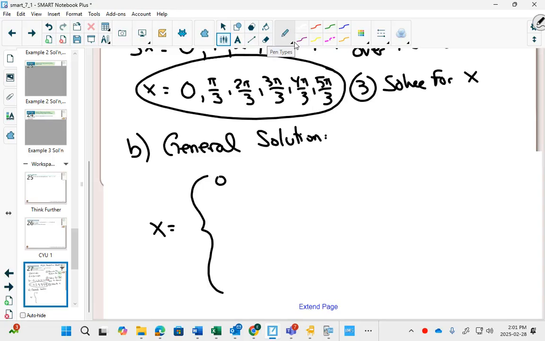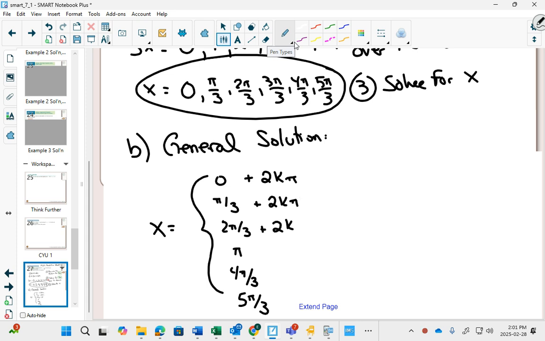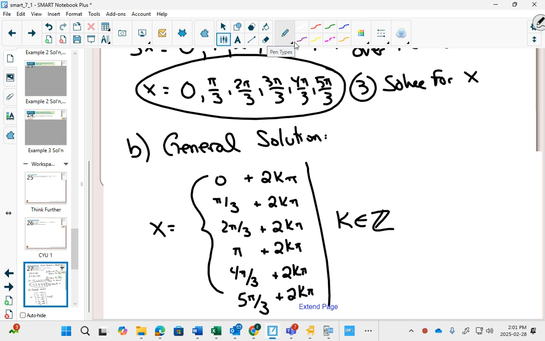So we could write each of them: 0, pi over 3, 2 pi over 3, pi, 4 pi over 3, and 5 pi over 3. And for each of them, plus 2k pi, plus 2k pi. We're done. That would be the general solution.